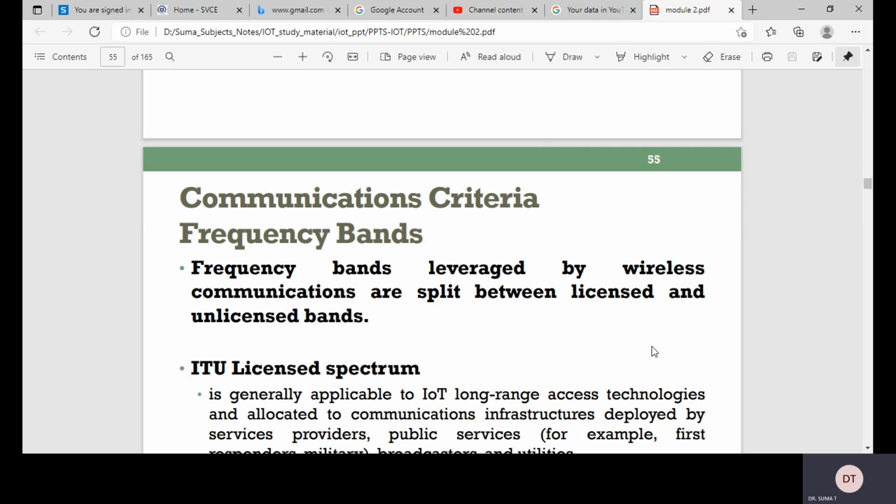An important consideration for IoT access infrastructure that wishes to utilize licensed spectrum is that users must subscribe to services when connecting their IoT devices. This adds more complexity to deployments involving a large number of sensors and other IoT devices.